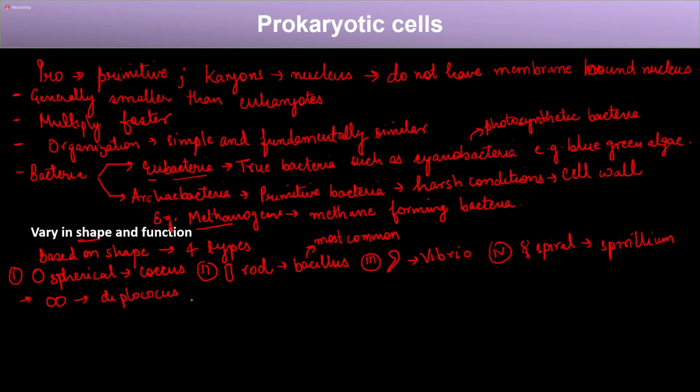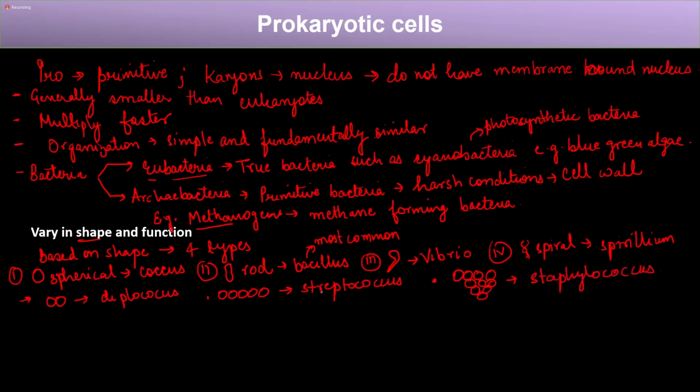If there are more than 2 cells joined together, something like this, or a chain of cocci, then you will call this bacteria streptococcus. And if it has an arrangement something like this, arranged in the form of grapes, you will call this bacteria staphylococcus.